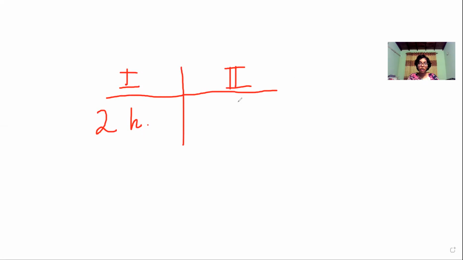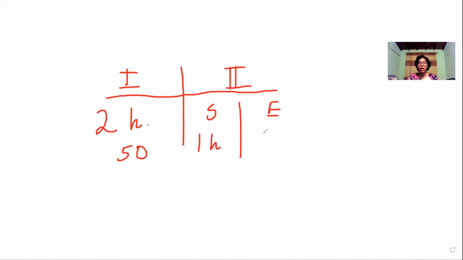So talking about part 2, it comprises structure paper and essay paper. Part 1, you have 50 MCQ questions. You all know that. And for structure, you will have 1 hour time limit.